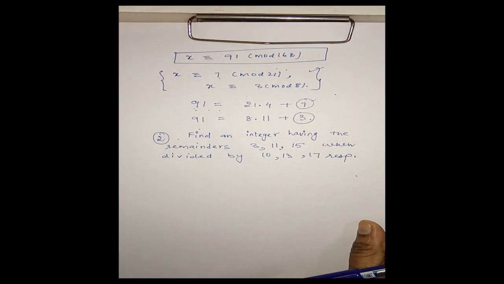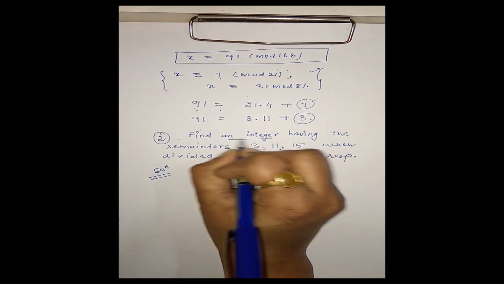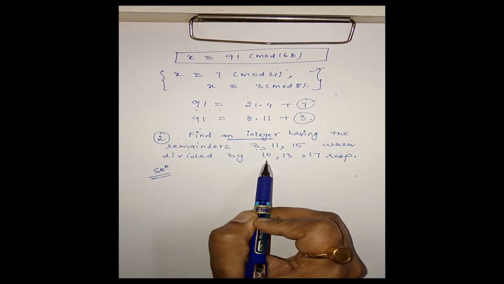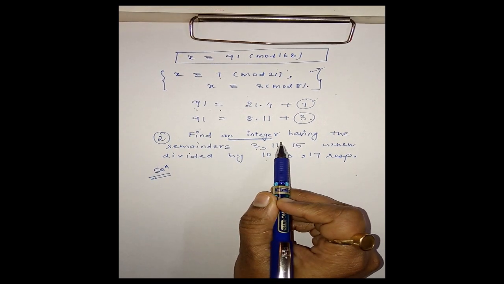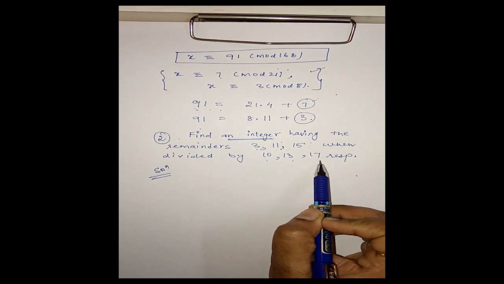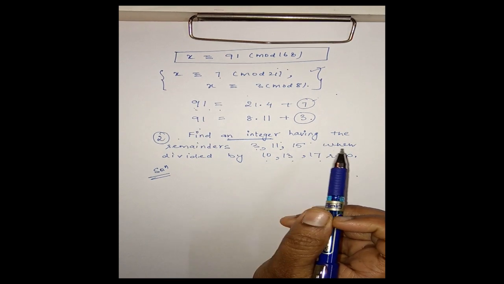Okay, now here we have to find an integer which gives the remainder 3 when divided by 10, gives remainder 11 when divided by 13 and gives remainder 15 when divided by 17. Means what? This question is equivalent to finding an x.